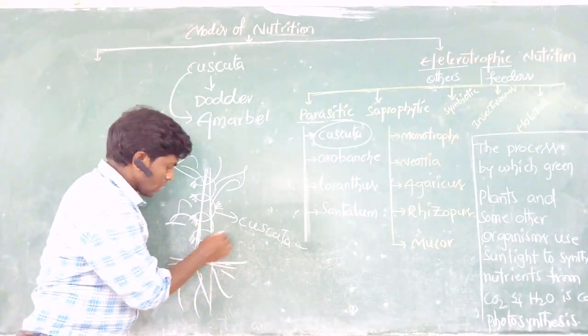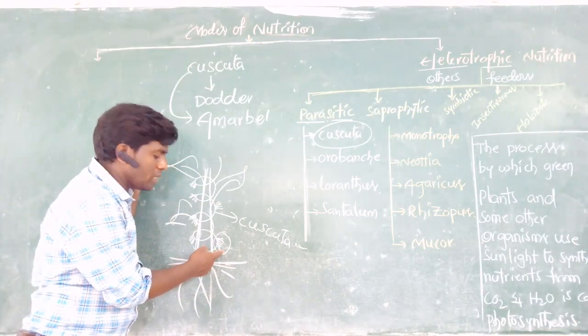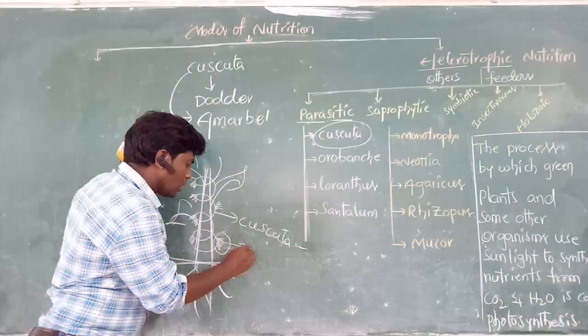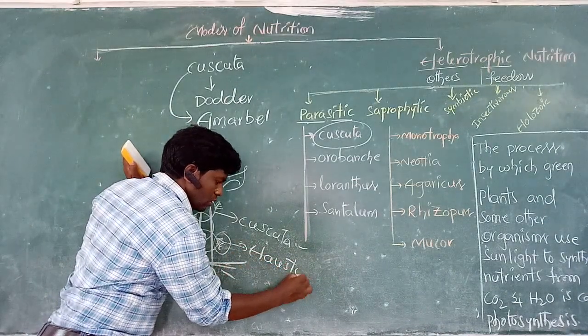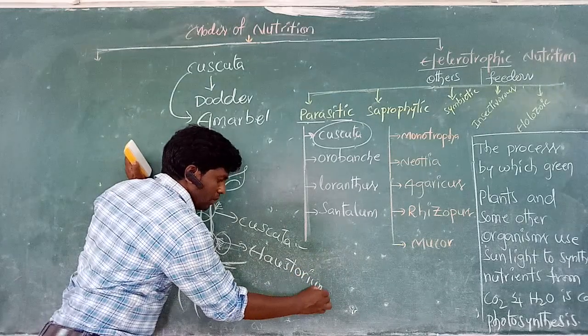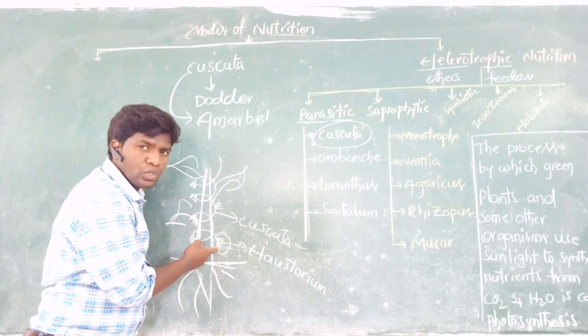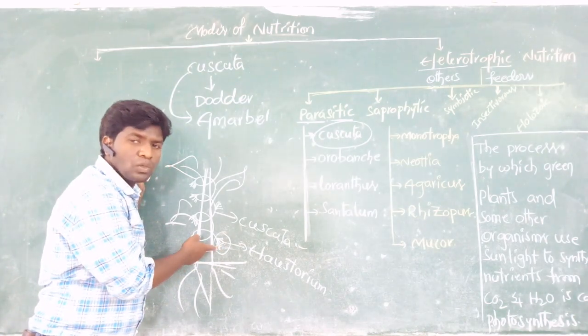These are the haustoria. These are the haustorium or haustoria. These haustoria look like roots, thread-like projections arising from the Cuscuta plant.